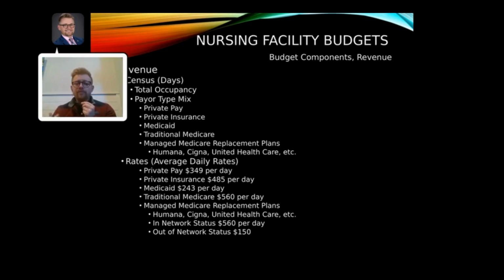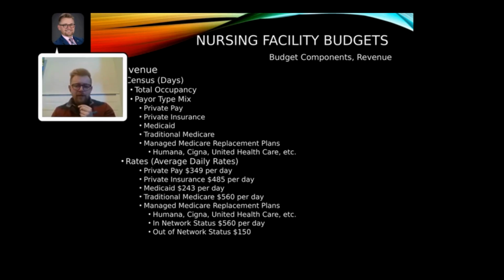And you're going to pull that with everything within this budget. You're going to look at historic trends, you're going to look at your market, and maybe last year you averaged 15% traditional Medicare. Well, going into that next budget season, you may feel that is spot on. We're going to budget again.